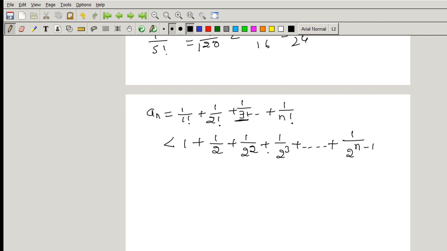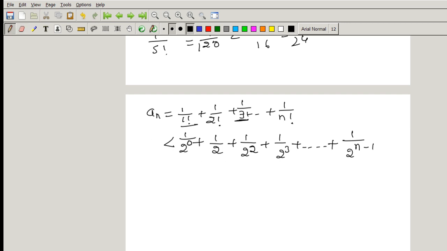For the second term we obtain 1 by 2 power 1, for the third term 1 by 2 square, and the power is always one less than the term number. The first term 1 by 1 is nothing but 1 by 2 power 0.